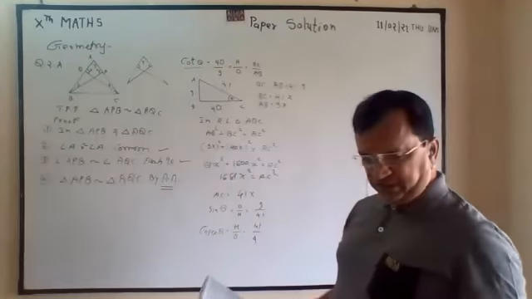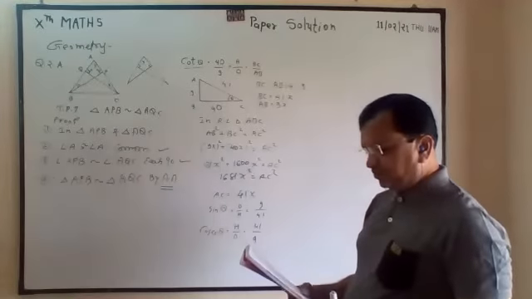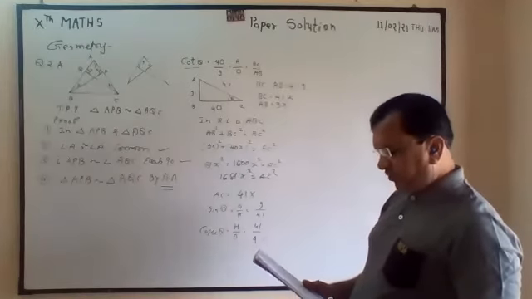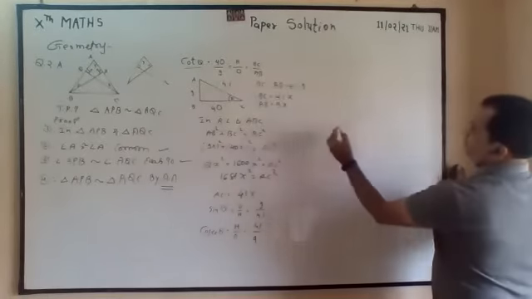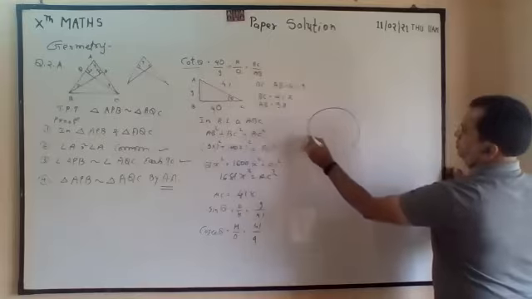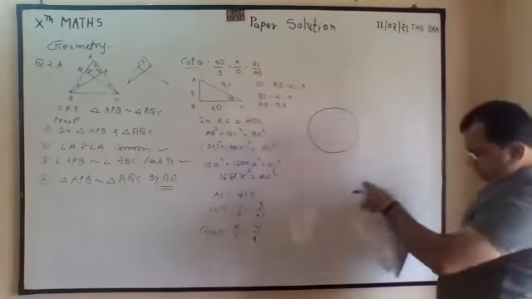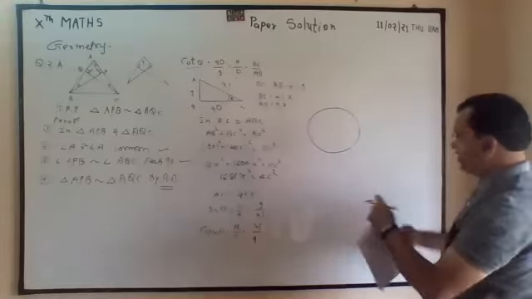The next one is a construction. Draw a circle of 2.2 centimeter with O as the center. In step number 2 they have given, take a point P on the circle and draw ray OP.